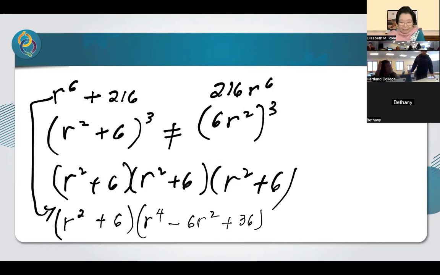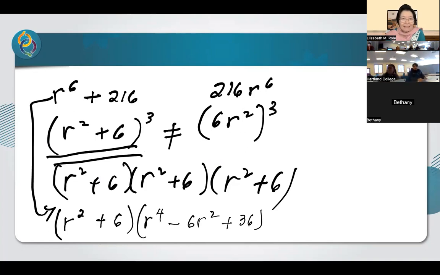So what I'm saying is this is wrong, because r squared plus 6 cube is not equal to r to the 6 plus 216. r squared plus 6 cube means you multiply r squared plus 6 three times by itself.